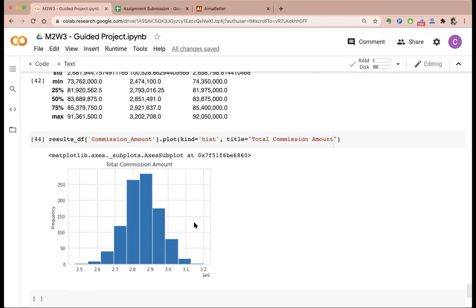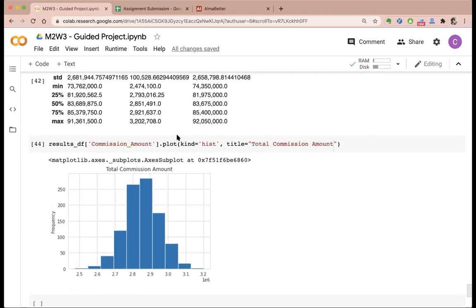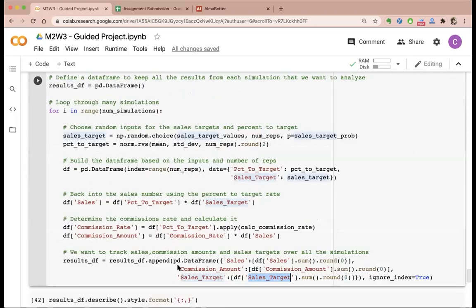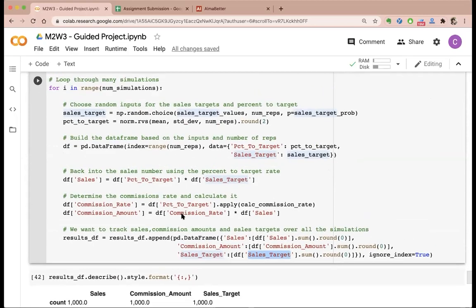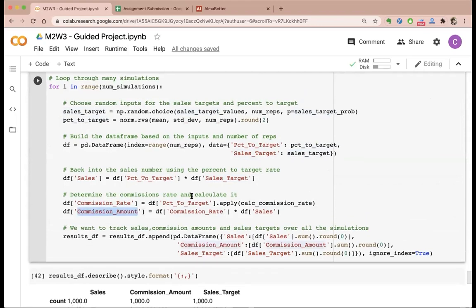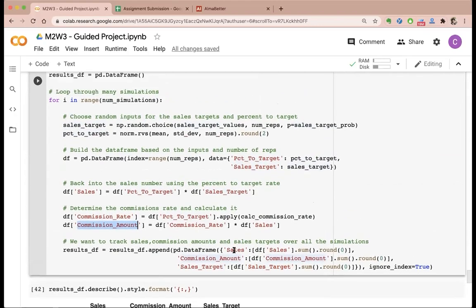Hello. So yeah, I hope you're done with the data frame and you have run this code. Okay. So I have just included all the codes where I am generating the sales target percentage to target, and then I'll calculate the actual sales, commission rate, commission amount, and finally in the results df I will store the commission amount, sales target, right? So I can also store one more column, okay, which is the simulation number, as I said.